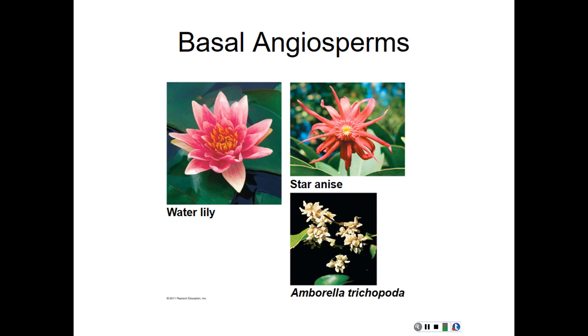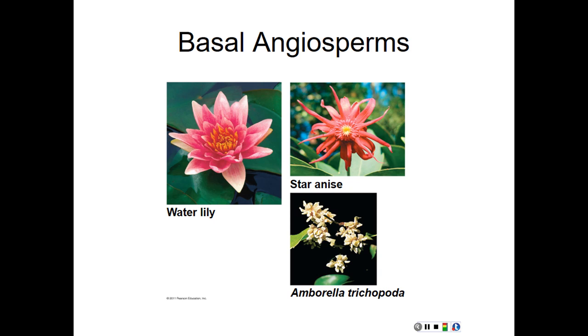It does have xylem cells, but not of the same type as other angiosperms. And its egg development is more similar to what we see in gymnosperms. So it's a little bit more linked to its evolutionary past.